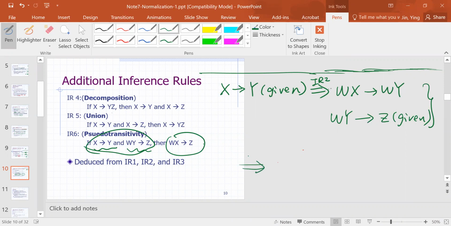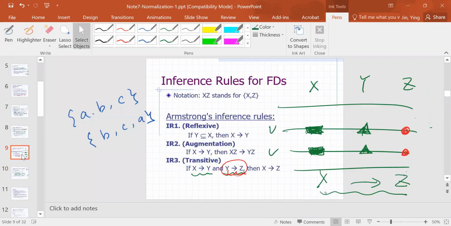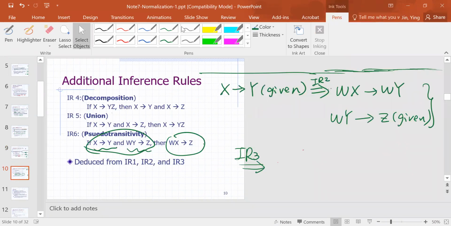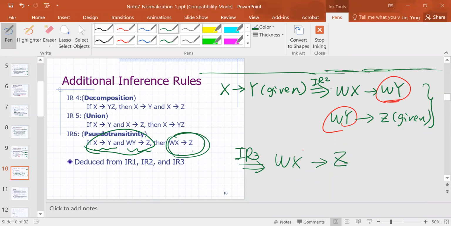And from that, we see IR3, so that's the one, right? X to Y, Y to Z, then X to Z. So from IR3, this one to here, exactly the same, right? WX to this and to that, and then eventually we can produce that's this one.